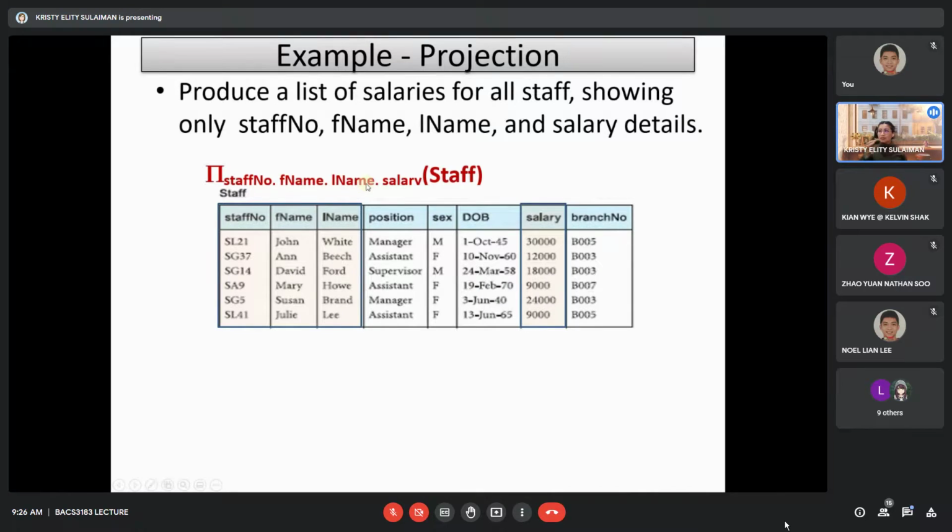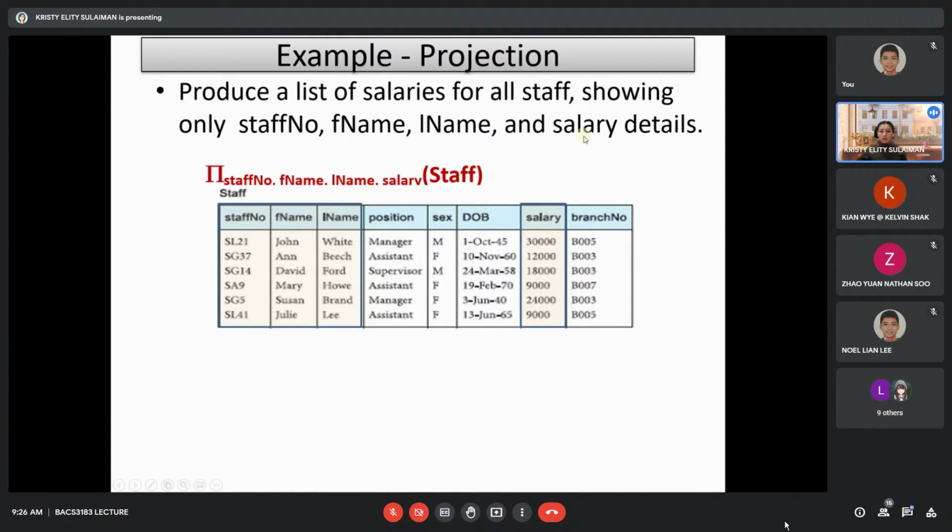Here we're still referring to the DreamHome database. This is an example of a projection operation in relational algebra. We want to produce a list of salaries for all staff, showing only the staff number, the first name, the last name, and also the salary details.